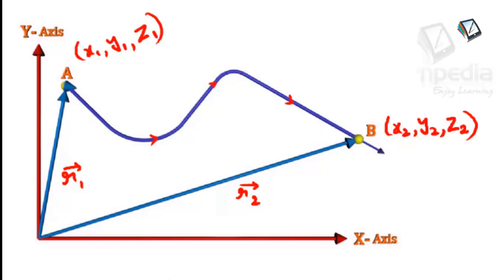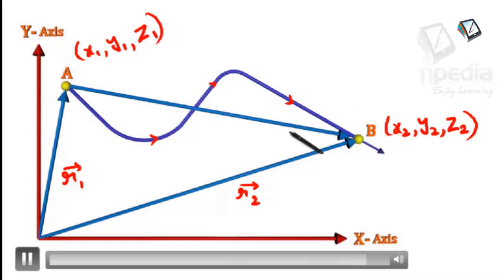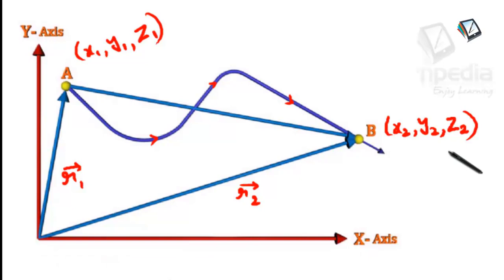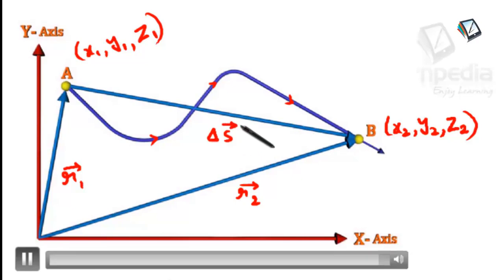And if we join the starting point to the final point straight, a vector which starts from the point A and goes towards the point B, this particular vector is what? The displacement vector. Alright, it is the displacement vector of the particle, which can be represented as delta S. So here point A, here is another point B, x1, y1, z1, x2, y2, z2, and here is the r1 position vector of A, this is the position vector of B, and here the delta S vector is the displacement vector.